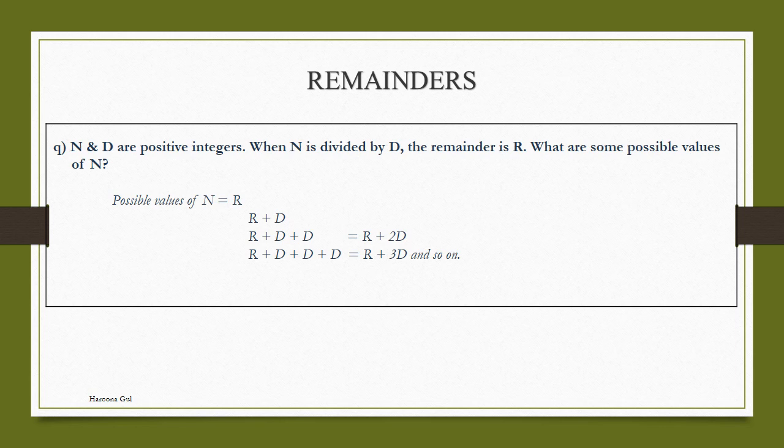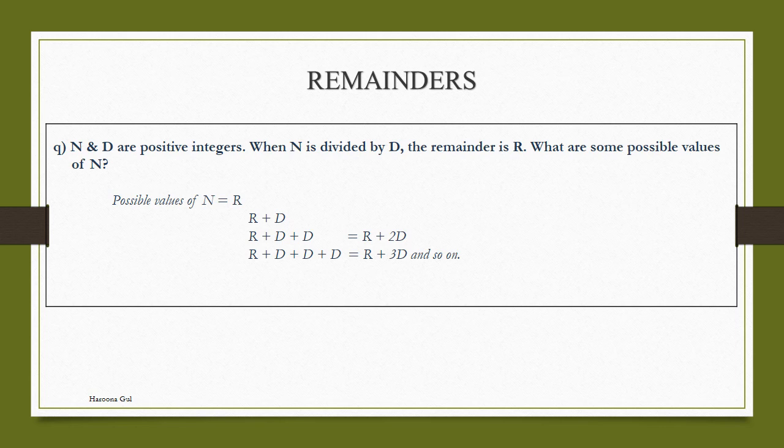Now let us suppose that r is equal to 5 and d is equal to 7. Then n could be r, right? n could be r plus 7, which is 12. n could be r plus 2 times 7, which is 14, plus 5, which gives us 19.